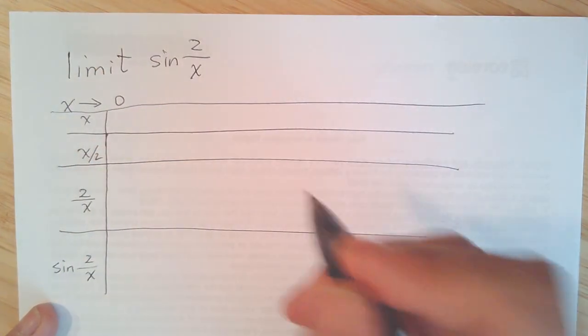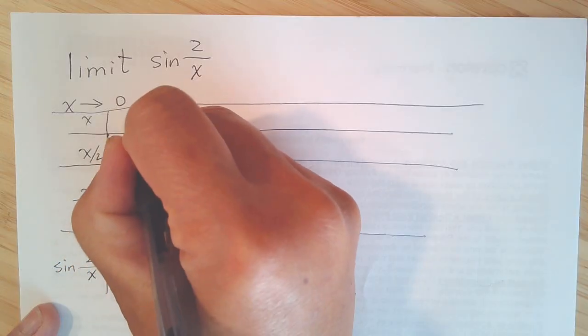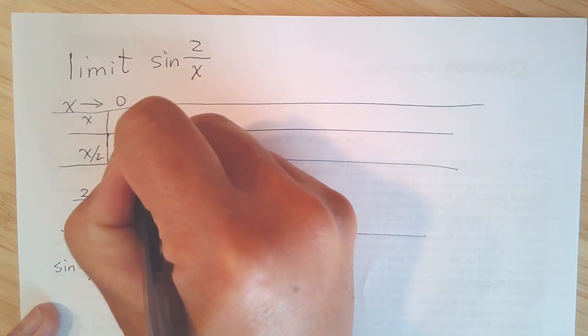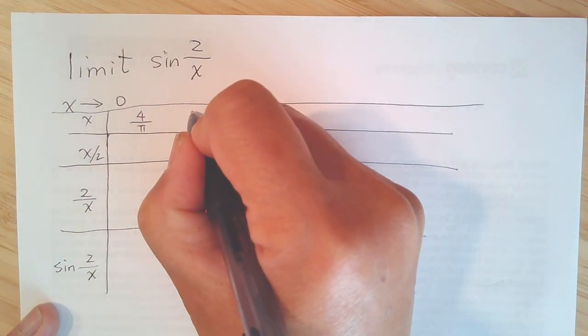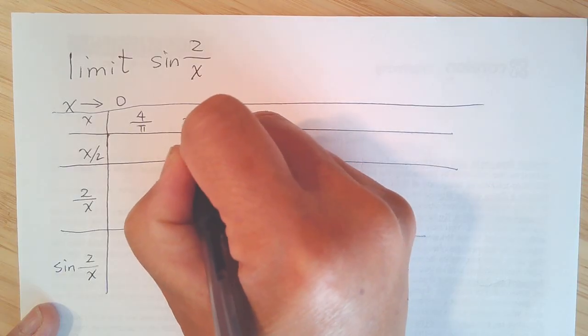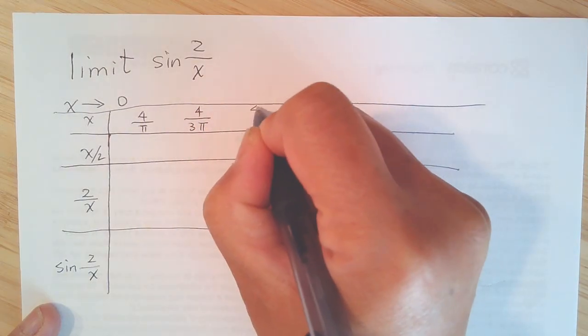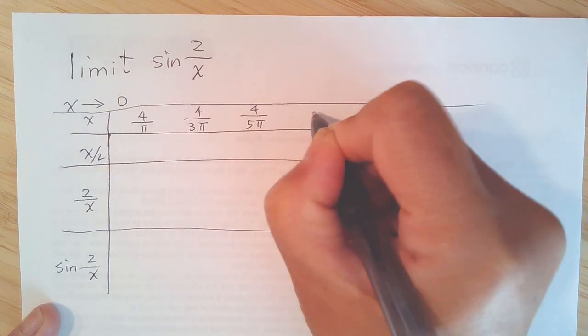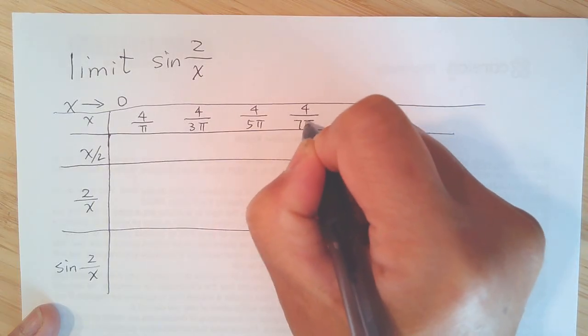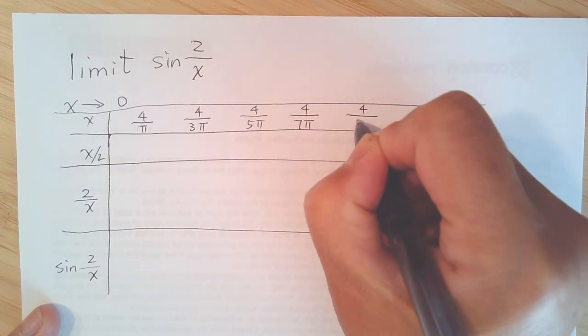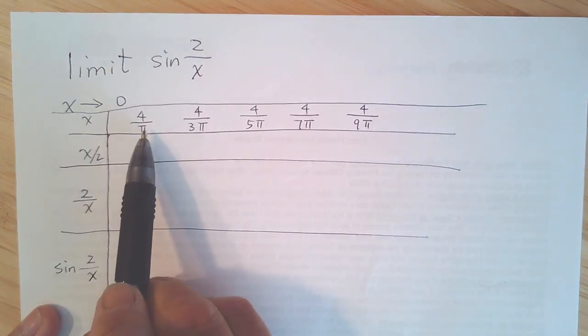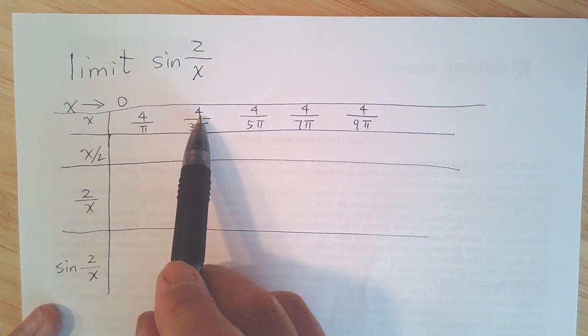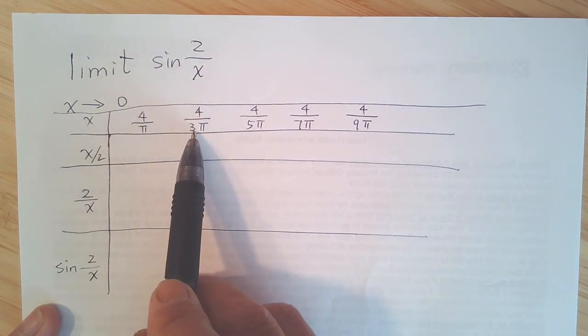So let me give you this. You might wonder later, how do you know? Well, it's 4 over pi, 4 over 3 pi, 4 over 5 pi, 4 over 7 pi, 4 over 9 pi. Did you notice that 4 over pi is greater than 4 over 3 pi?